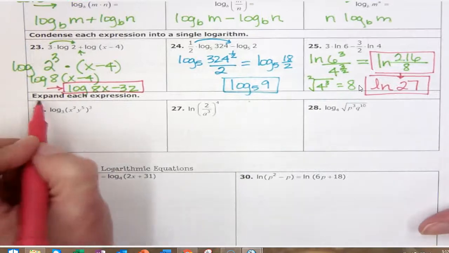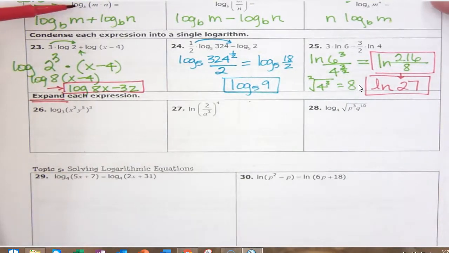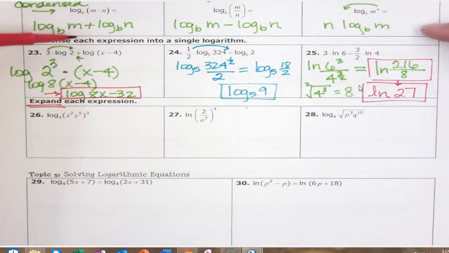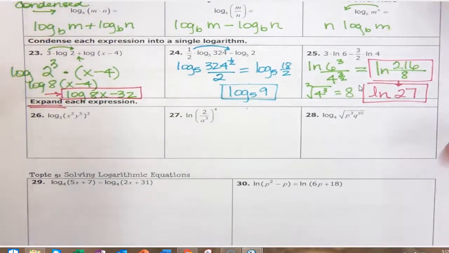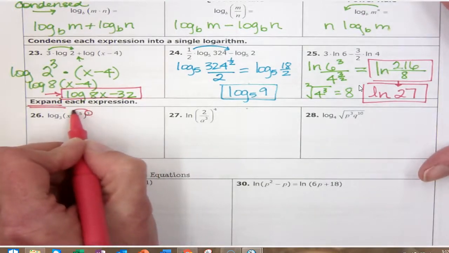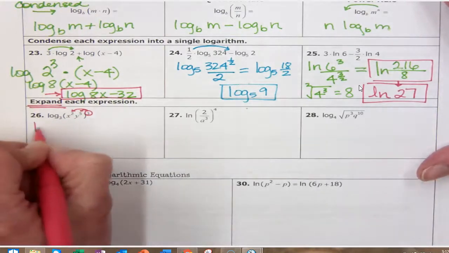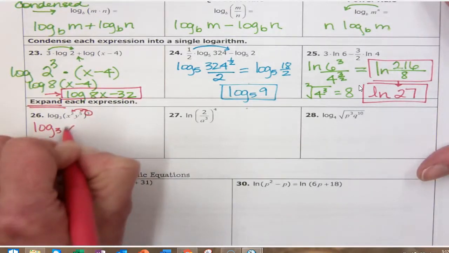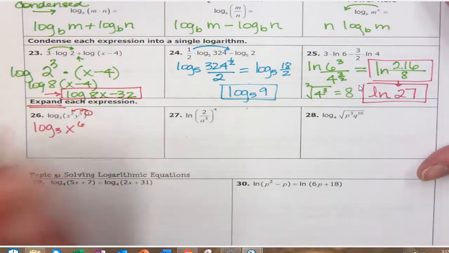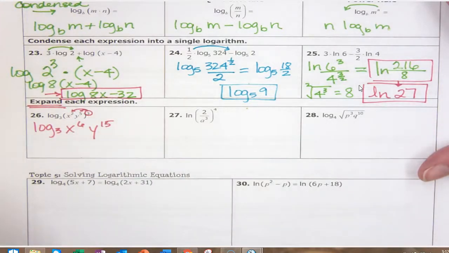Alright, now you're going to expand. So we're going from this version to the bigger, longer version. Here, if you first want to distribute your exponent, log base 3 of x to the 6th, I'm multiplying because it's raised to an exponent. I'm not adding the exponents.